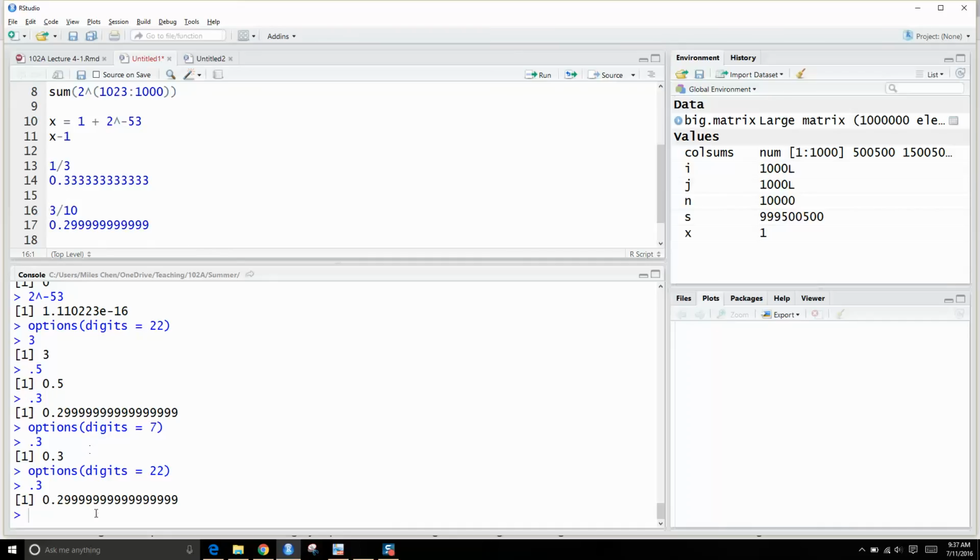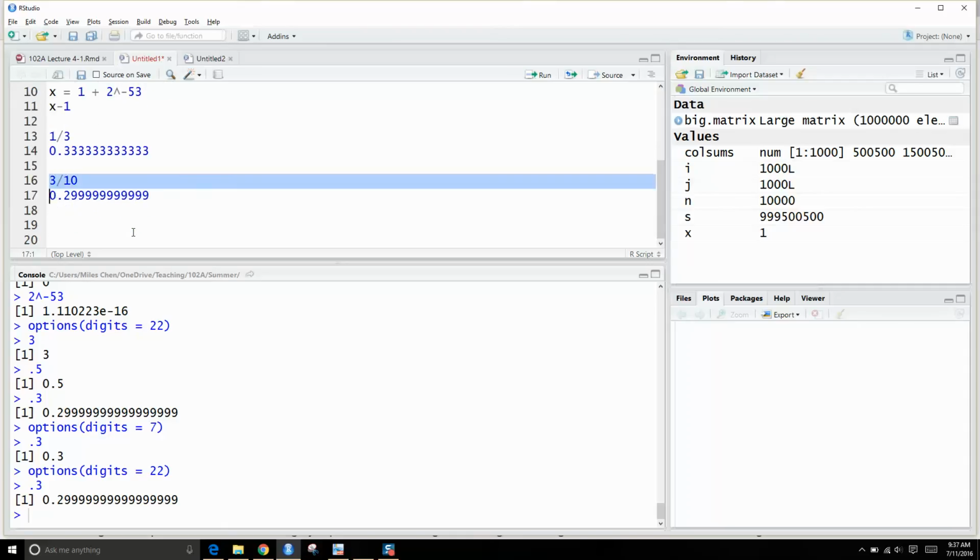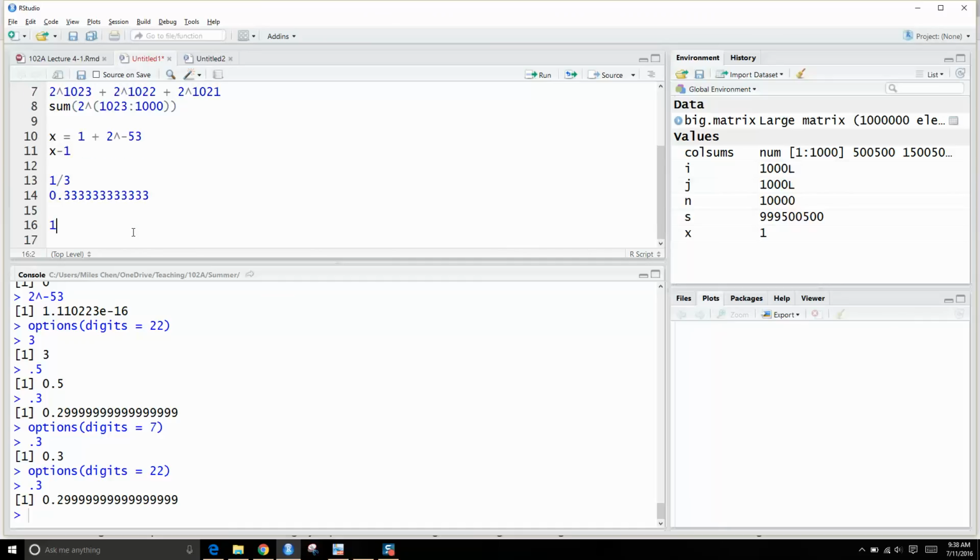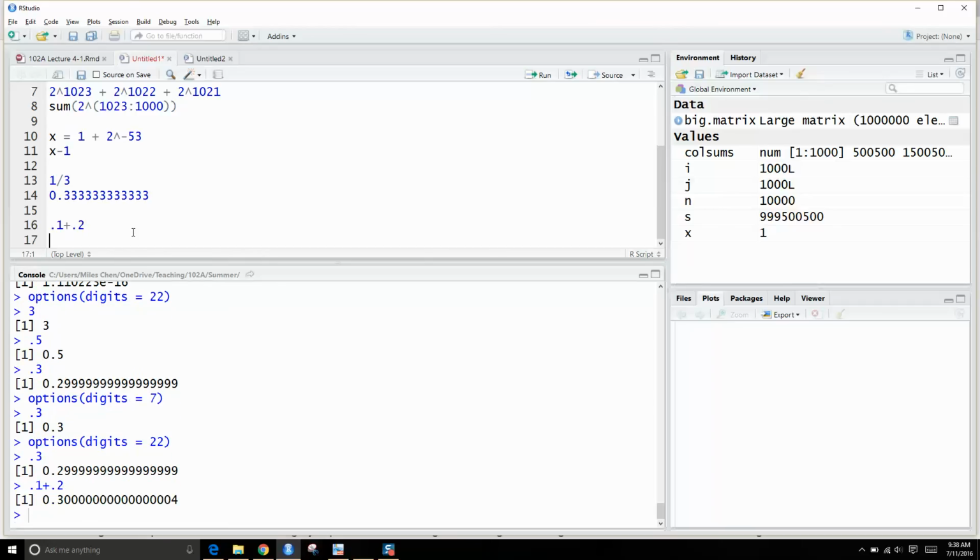And so you get something which is very close, but not exactly correct. Because of this, you get into weird situations where you might ask, what is 0.1 plus 0.2? We look at this and go, oh, that's easy, that's 0.3. But in the computer, because it's turned 0.1 and 0.2 into binary and then back into decimal, you get something that's a little bit different.